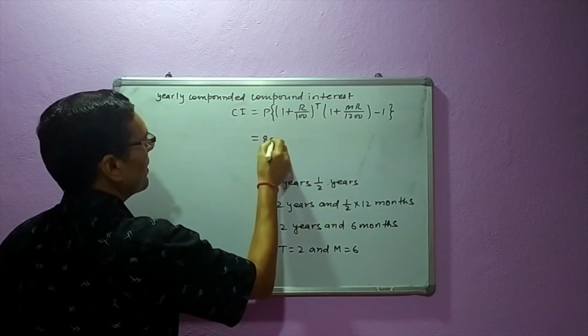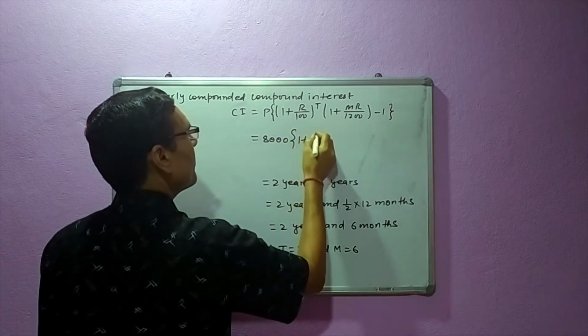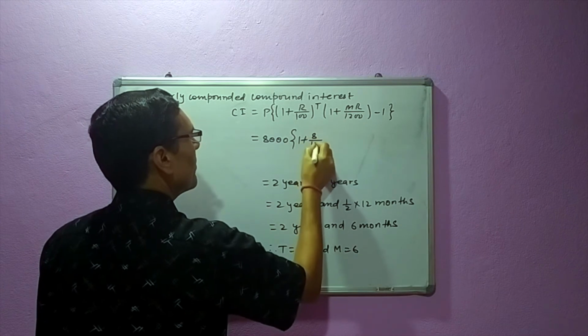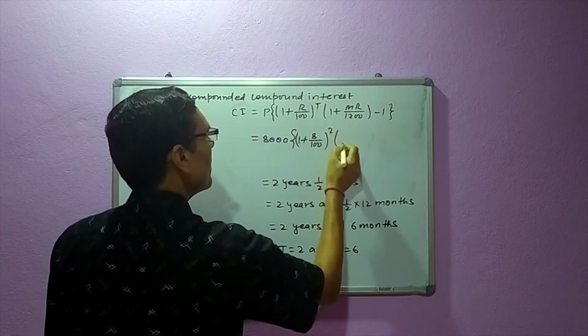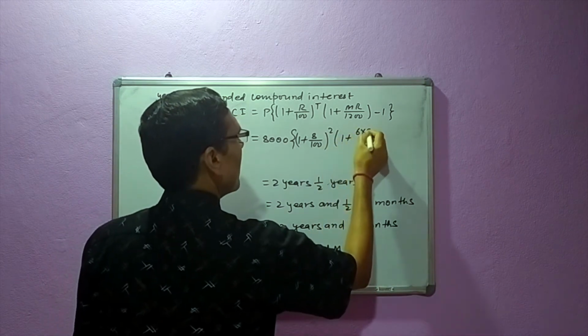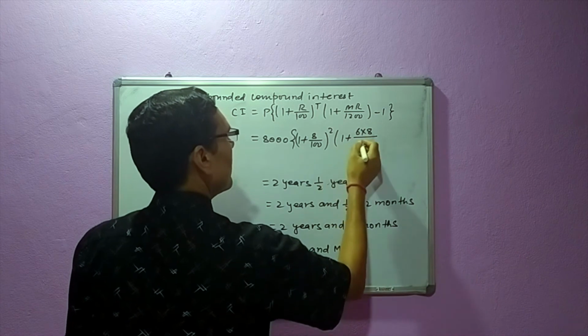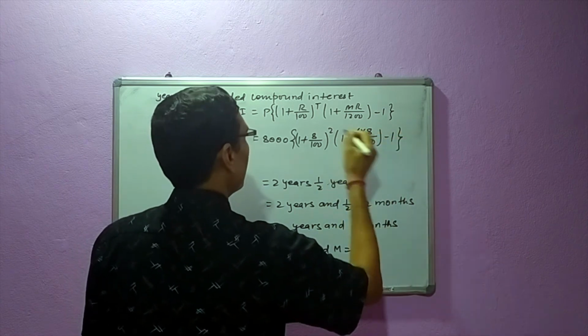So P is rupees 8,000, 1 plus R is 8 upon 100, the value of T is 2, times 1 plus M is 6, R is 8 upon 1200, minus 1.